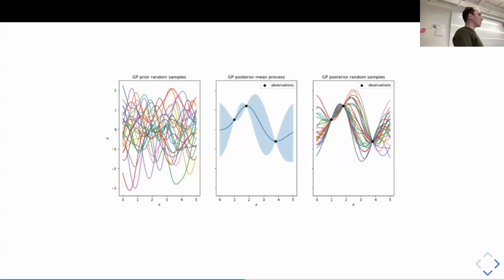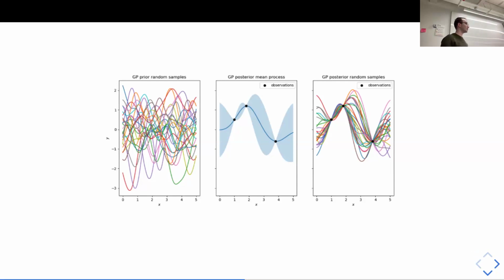The right-hand side are samples from the conditioned Gaussian process in the middle. When you're working with Gaussian processes, it's always a good idea to sample from your conditioned distribution.